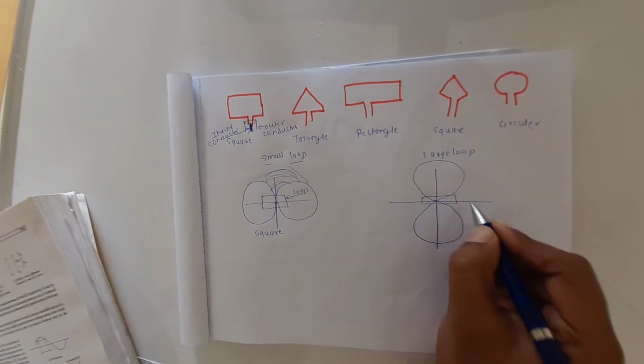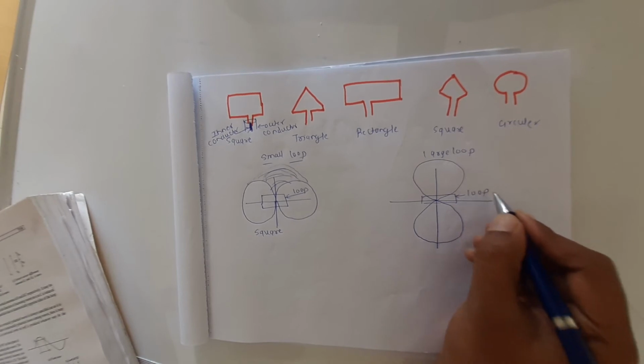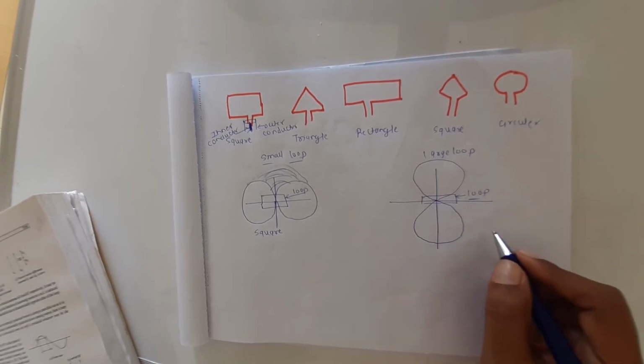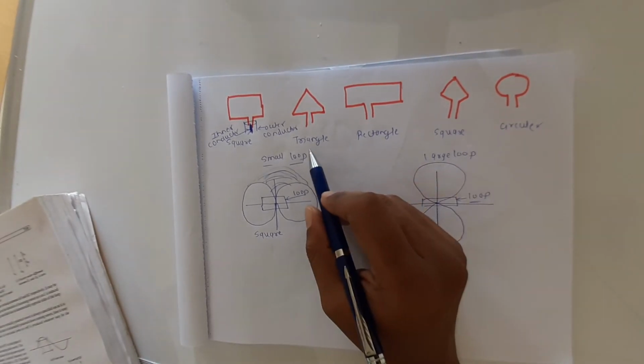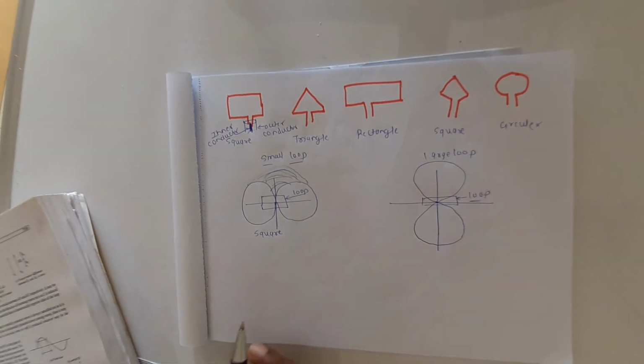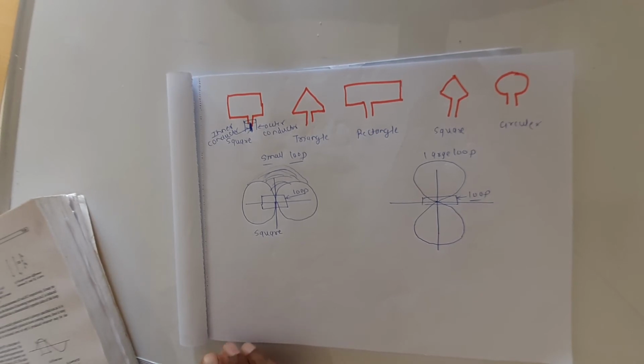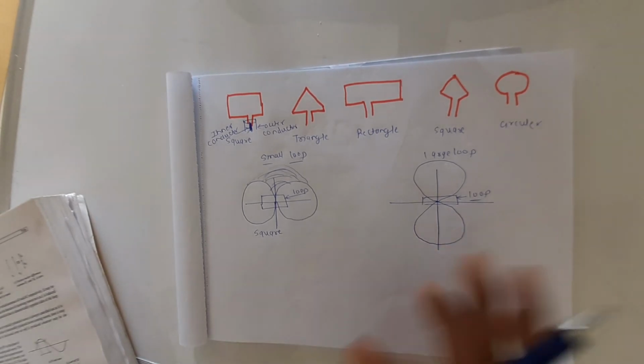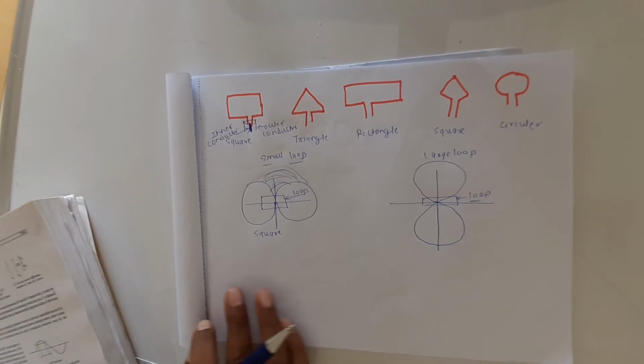Depending on this, here I have to use the square. Similarly it will be for triangle, rectangle, square and circular. Different types are used depending on the wavelength.